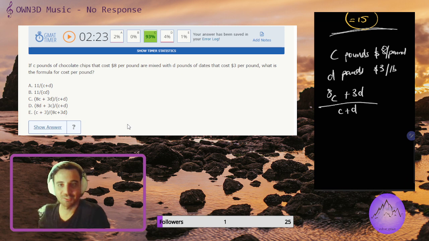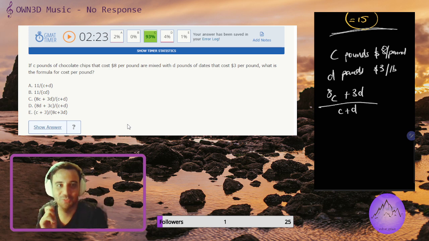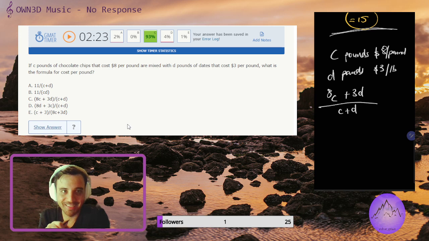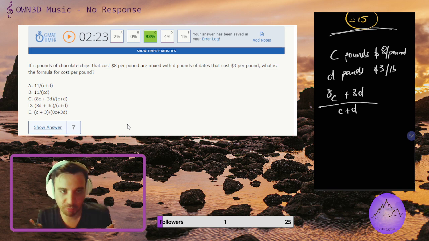So yeah, still not sure who's actually watching, but in case that one wasn't super obvious, what I did there was basically just plug it all into an equation. They gave us how many pounds of chocolate chips there were and how many pounds of dates there were, and they gave us a price per pound. And the question was basically how much per pound for the total weight.